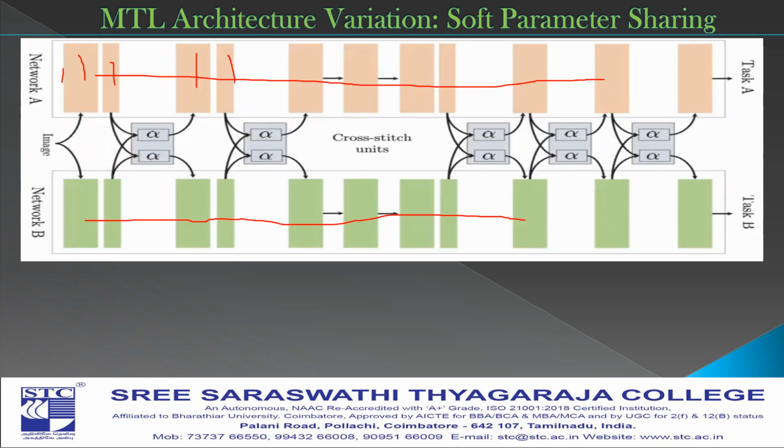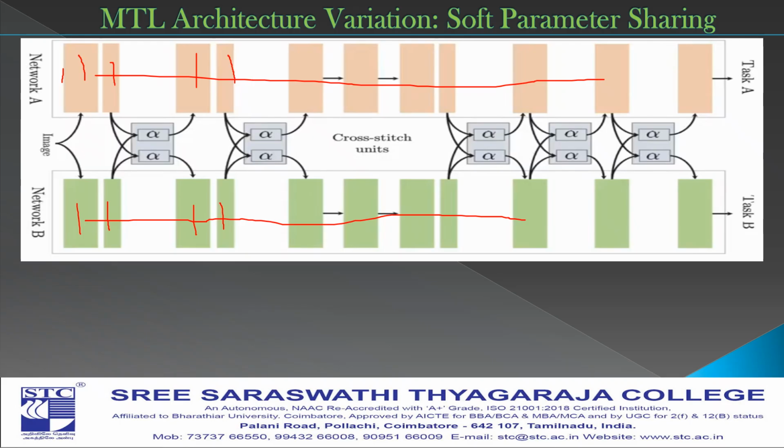Similarly, this is one layer in network B, second layer in network B, third layer in network B, fourth layer in network B, and it goes on like that. These are two networks, and both are variations of a type of neural network called a convolutional neural network, which we will study in one of the upcoming topics. So instead of sharing the parameters the hard way, there is something called a cross stitch unit, which I will mark here.